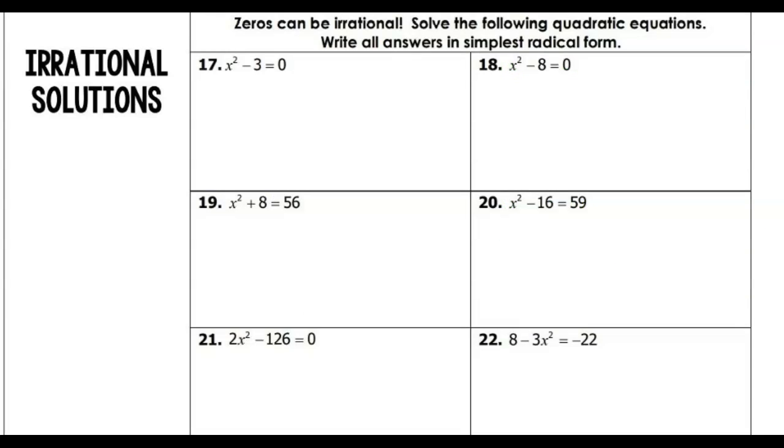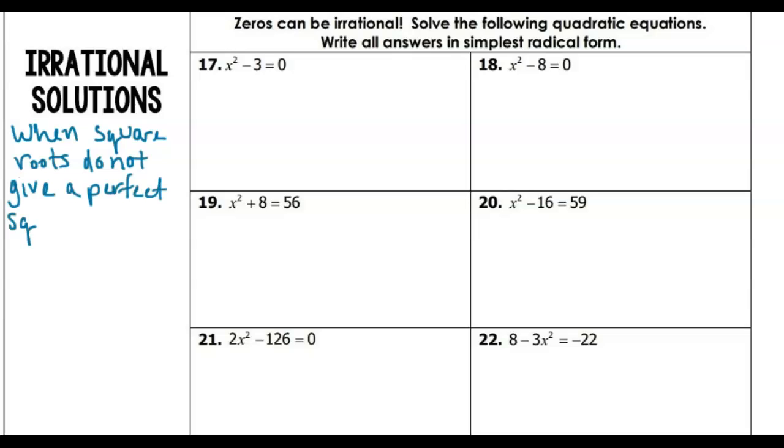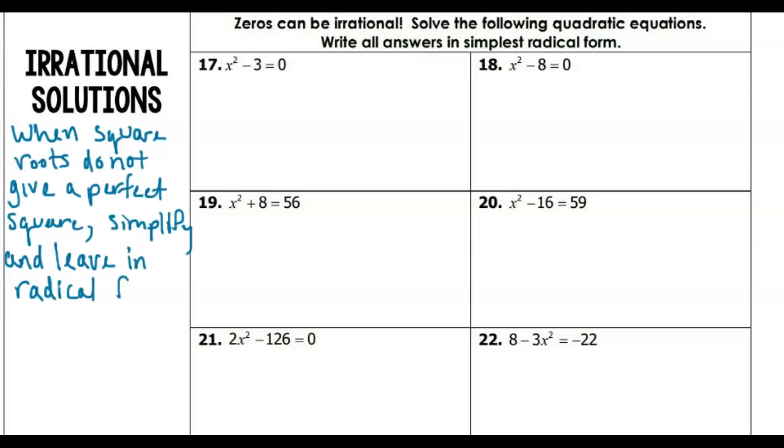Now it is possible that we could end up with an answer where it doesn't end up being a perfect square, both in fraction form or just a regular perfect square. And so when a square root does not end up giving us a perfect square, notice that we will have an irrational solution, or a solution where we have to keep it underneath the square root, which we've done before in other courses.